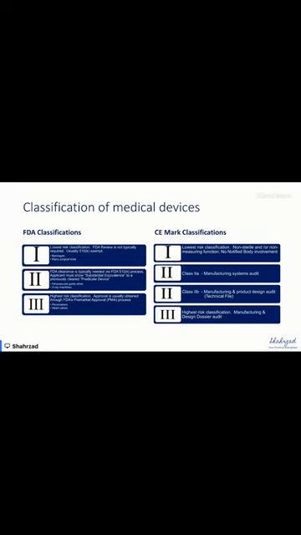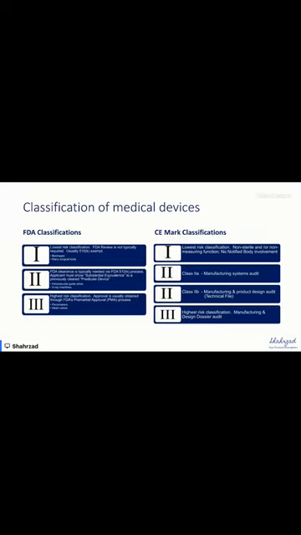As I said, the UK has a similar system, called UKCA, which stands for UK Conformity Assessment. It's a mark that indicates a product complies with UK legislation and is required for selling products, particularly in Great Britain. Okay?